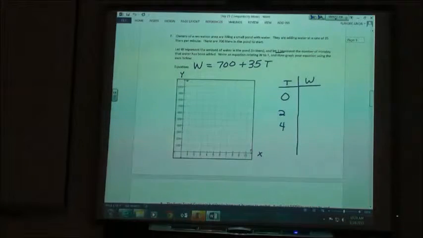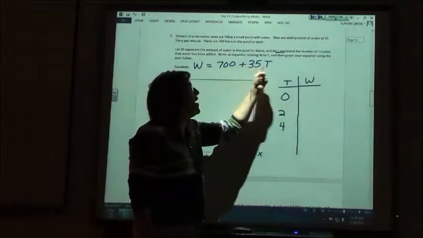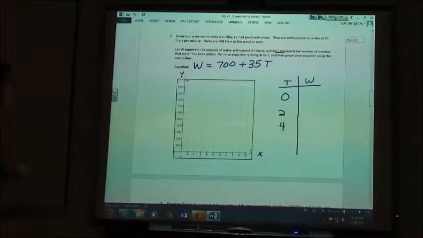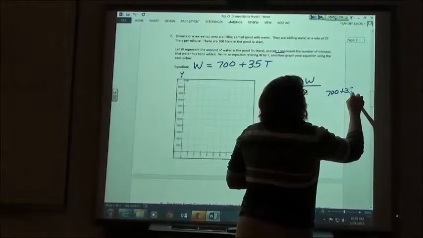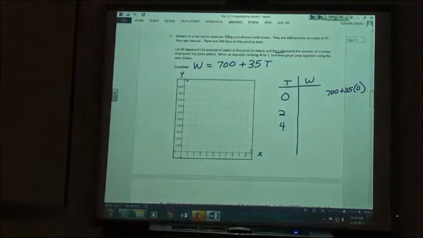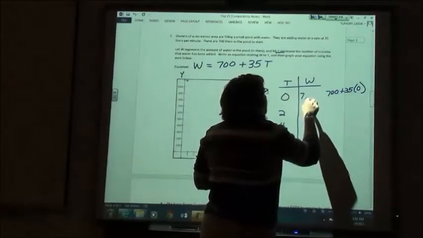So if we put 0 in for the time, if I don't run my water any extra time, how much water is in the pond? So 700 plus 35 times 0, right? 700.